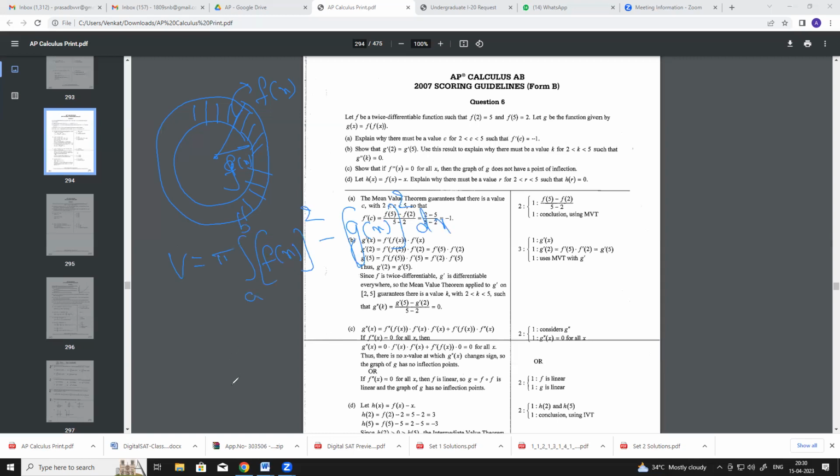Similarly, you can also find it with respect to y: pi into integral of a to b, f of y whole square minus g of y whole square, into dy.